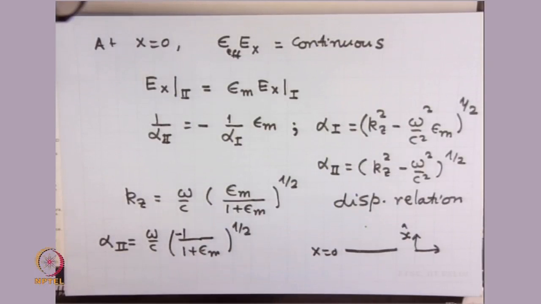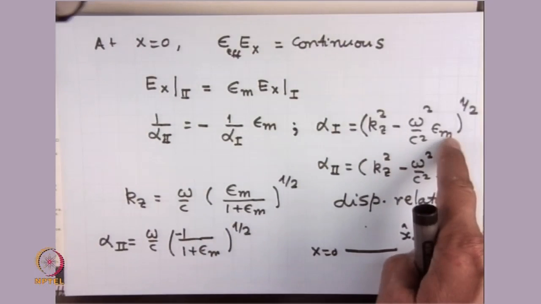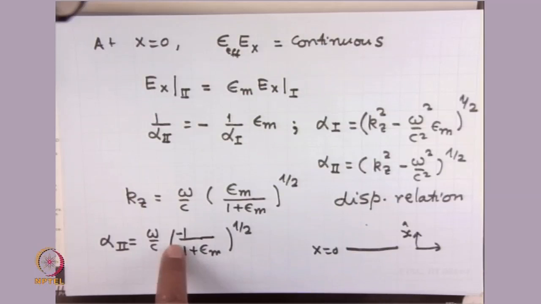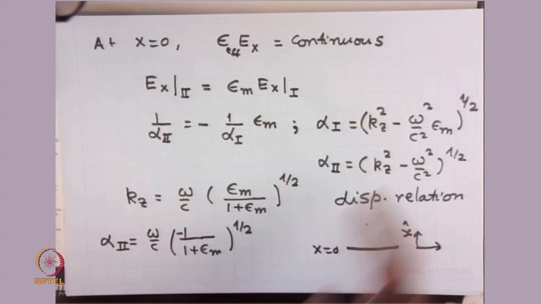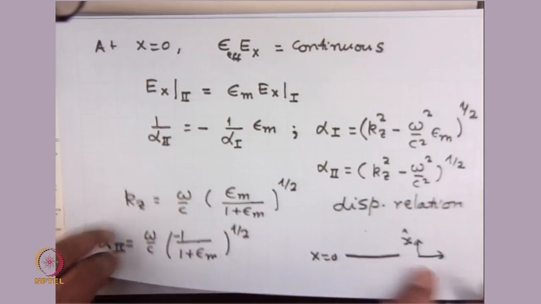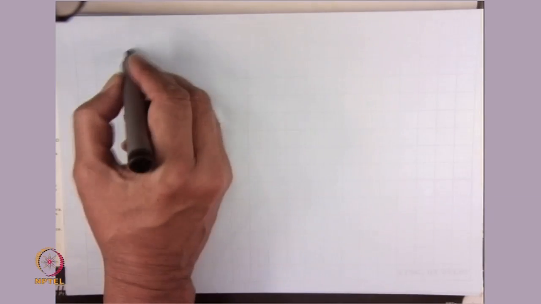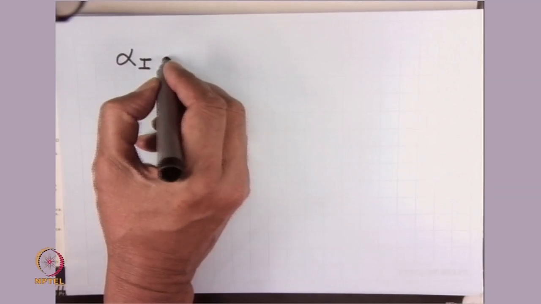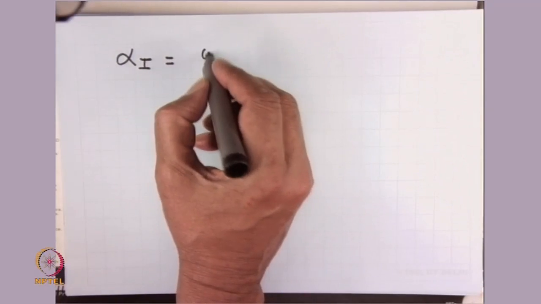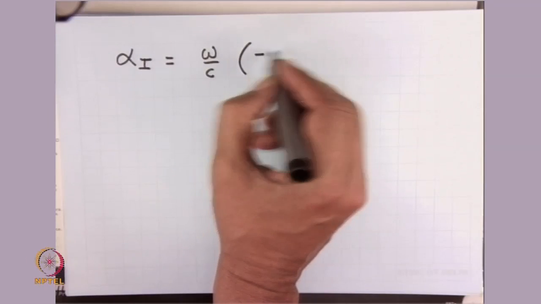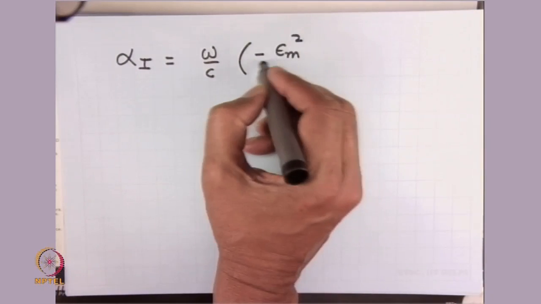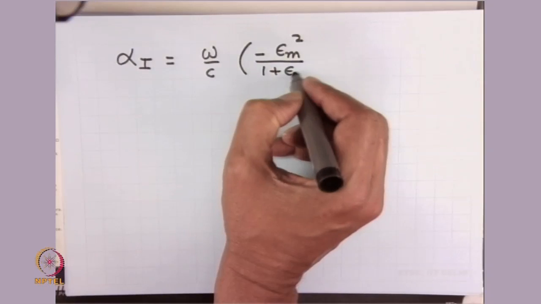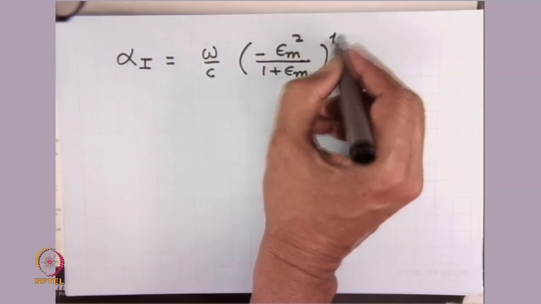Just substitute this value of kz here in this expression, and this turns out to be minus 1 upon this quantity. And how about alpha 1? Alpha 1, the field decay in the conductor, is omega by c, and it turns out to be minus epsilon m square upon 1 plus epsilon m to the power half.